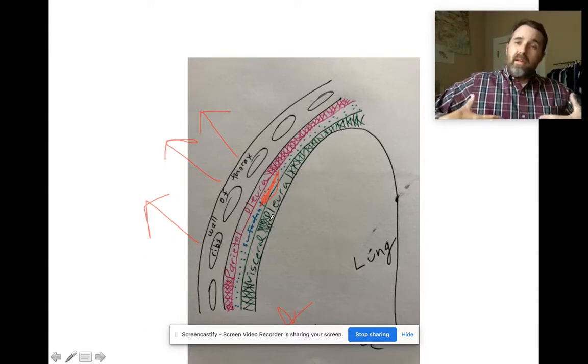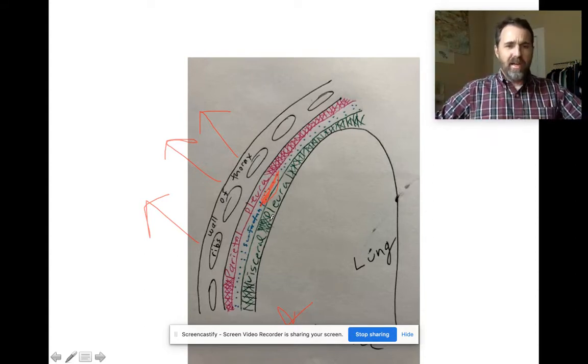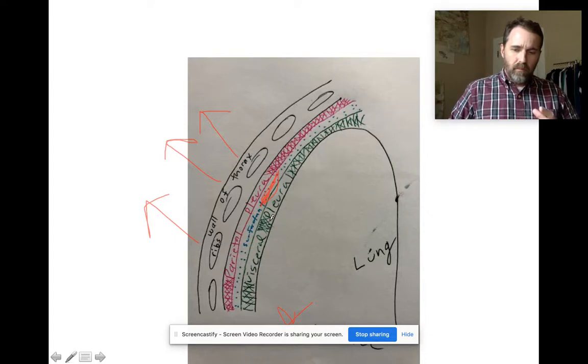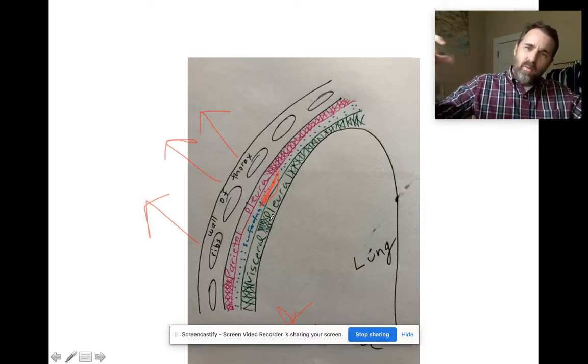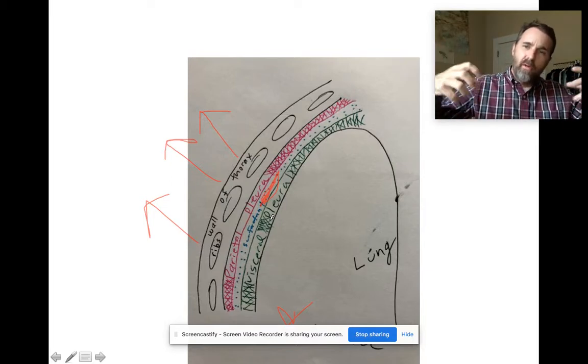And in this way, when you expand the thorax, when you expand the rib cage and drop the diaphragm, the lungs are pulled out with it, with the thorax.